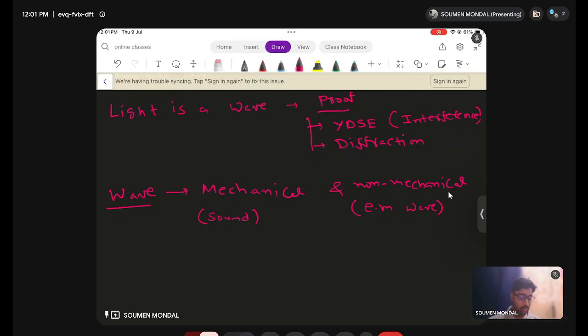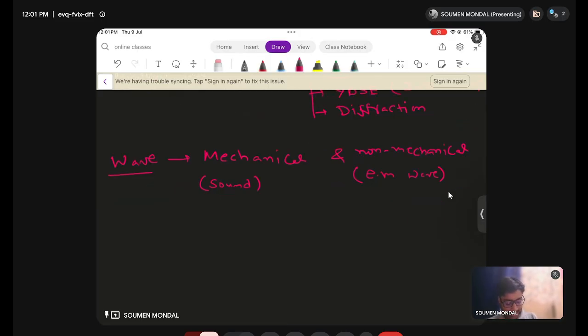Now we also classify waves in another two parts based on how the particles of the medium oscillate. If the particles of the medium oscillate in the direction of propagation of the wave, or parallel to the propagation, then we call it a longitudinal wave. For example, sound wave is a longitudinal wave.